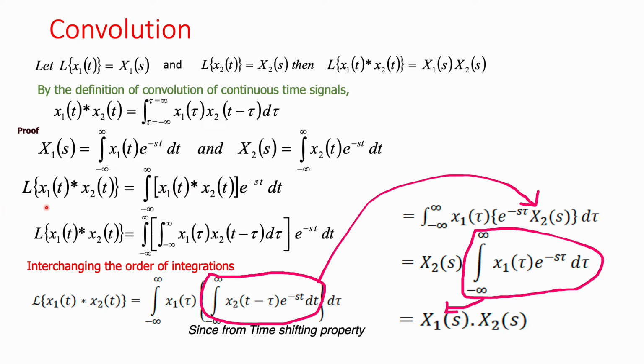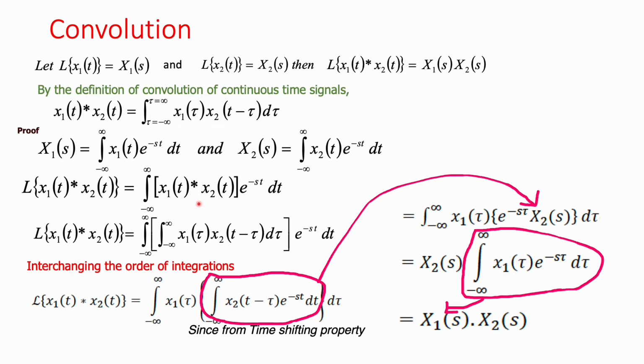Laplace transform of x1 of t convoluted with x2 of t is equal to the integration, where the whole x of t can be replaced by this convolution, x1 of t convoluted with x2 of t, e power minus st into dt.